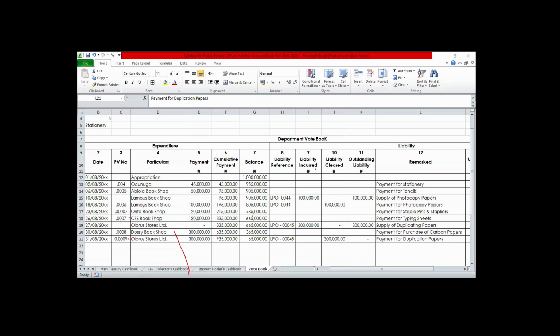I'll be having another class any moment from now. We have about 12 minutes to stop. Under the new topic, we are going to look at federation accounts, consolidated revenue fund accounts, capital accounts, and contingency accounts.